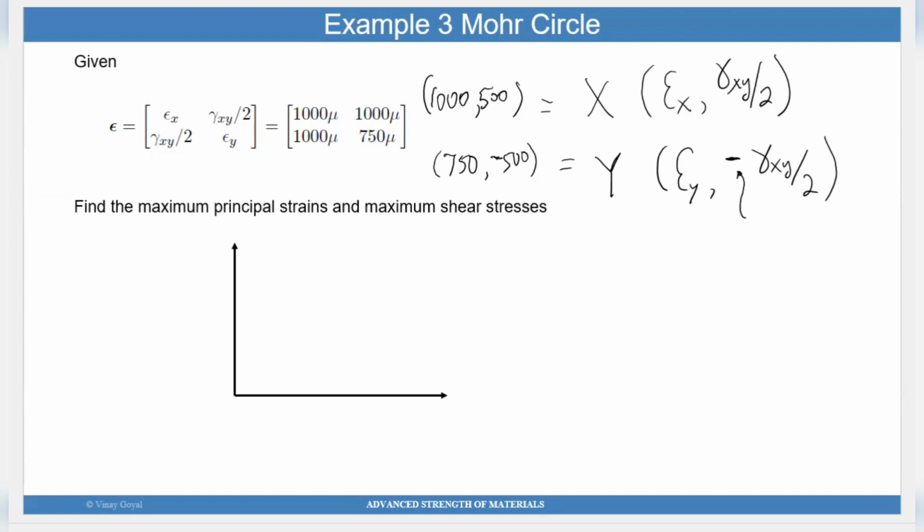So what I want to do is find those points in here. I will not draw the circle yet, but find the location of where that goes. I'm going to say that 1,500 is somewhere here.